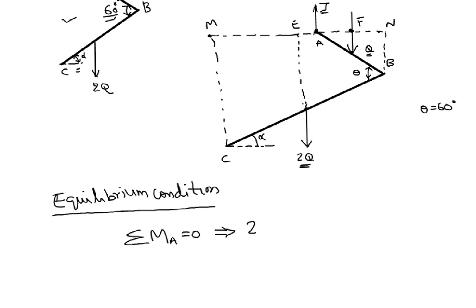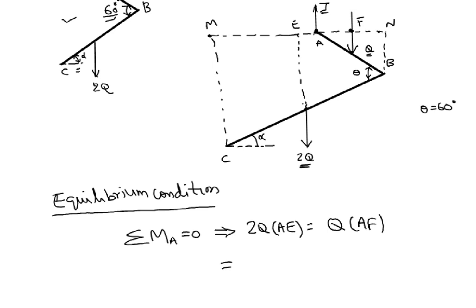So we'll write 2Q times the distance AE should be equal to the perpendicular distance from point A to the line of action of force Q, which is AF. So we'll write AF.